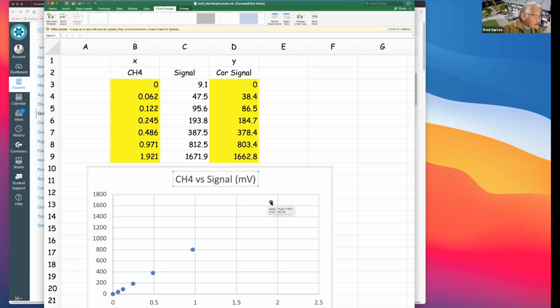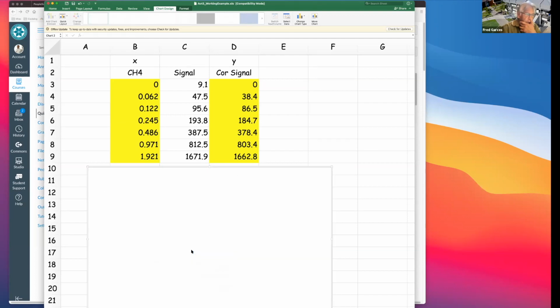If you click on any one of these dots, I can click here, I can click here, it'll highlight the series. Then, for those of you who have a mouse, you can do a control click or right click. It's going to take you to the contextual menu.